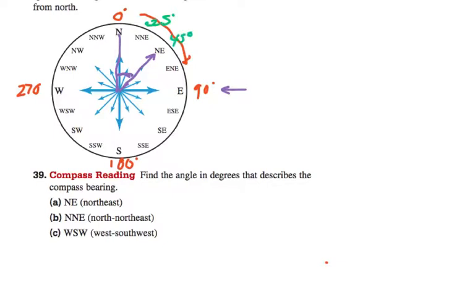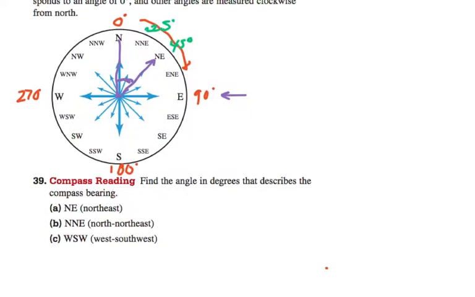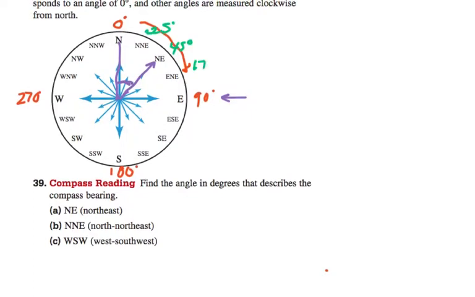And then 67.5 degrees. So if we want northeast, that's going to be 45 degrees. Then they want north-northeast, and so north-northeast means that we're actually going to this one here. So we've already marked that as 22.5.